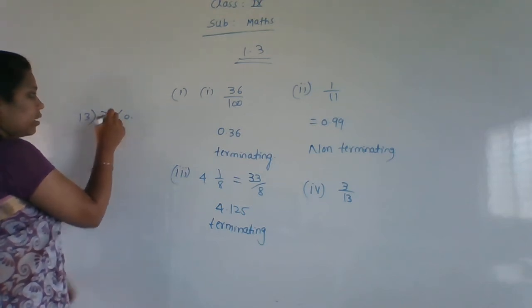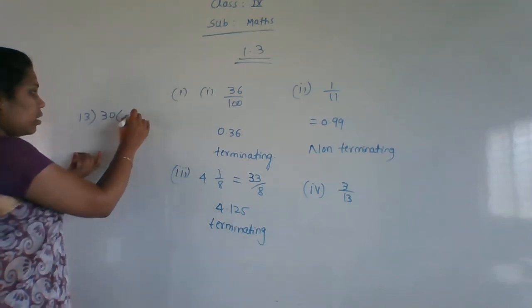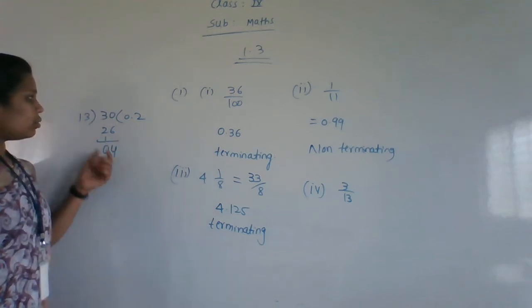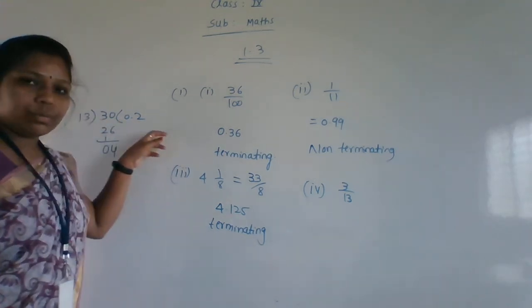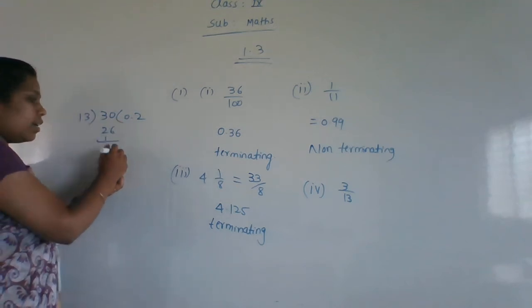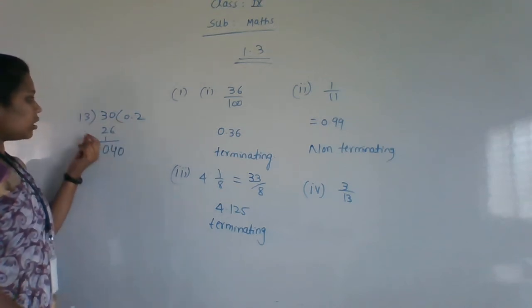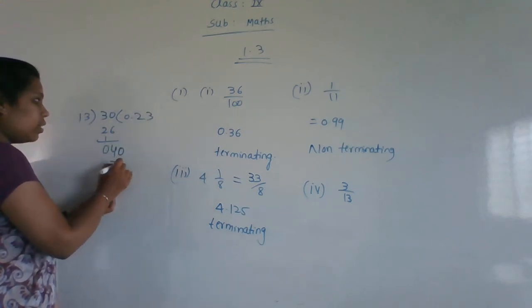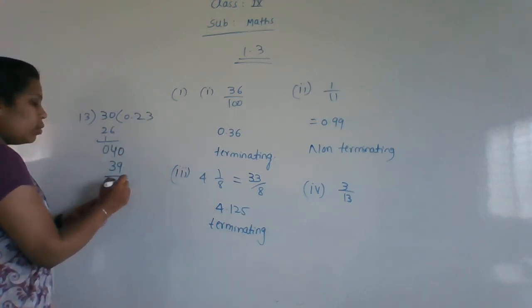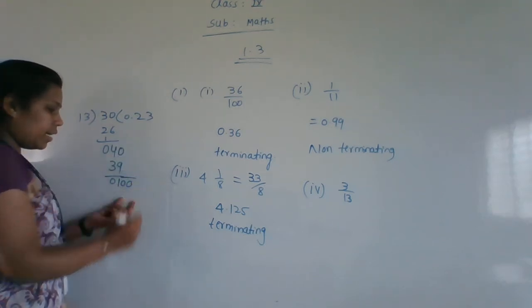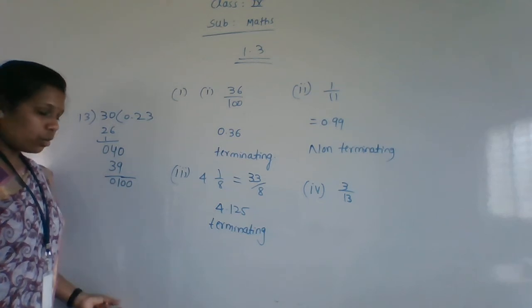Put a point and take a 0. 13 twos are 26 and the remainder is 4. For this again take a 0: 13 twos are 26, 13 threes are 39. So take a 3 and again the remainder is 1. We can't divide, so again take a 0 and it goes on like this.